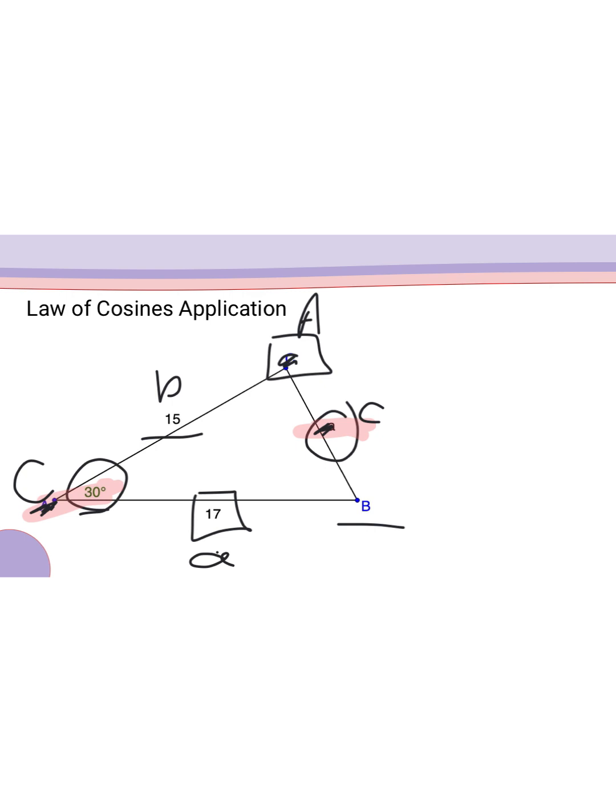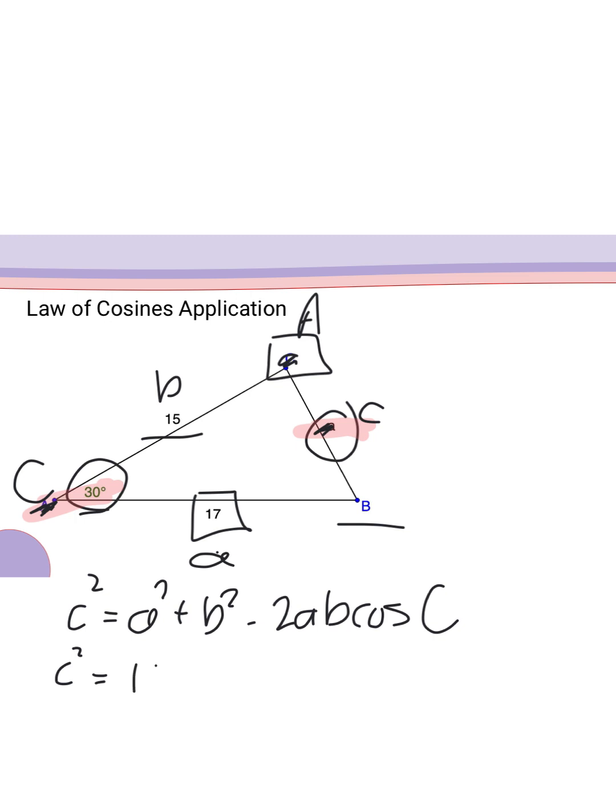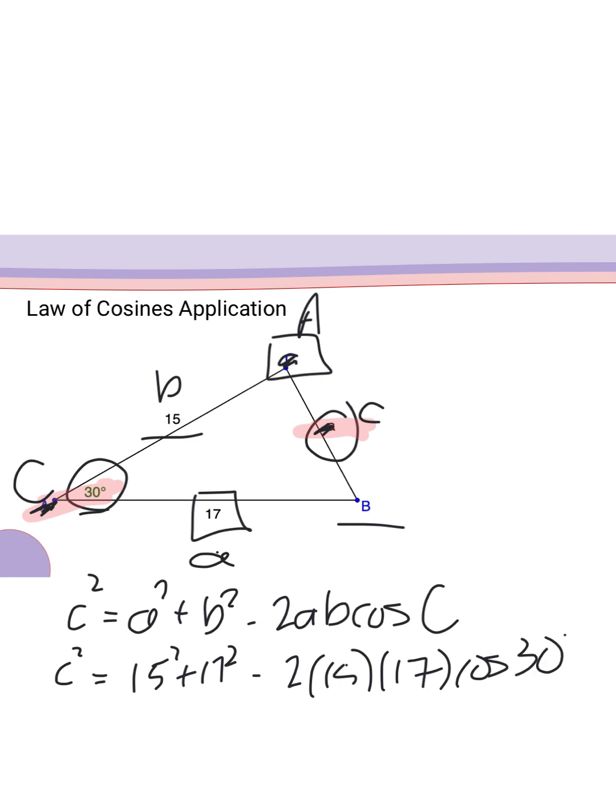Okay, so the formula being c squared equals a squared plus b squared minus 2ab cosine of C. A and B are 15 and 17 respectively, so 15 squared plus 17 squared minus 2 times 15 times 17 times the cosine of 30. Now when I go to do that, I do not recommend you put this all into your calculator at one time, so I like to do it in chunks. This is 514.